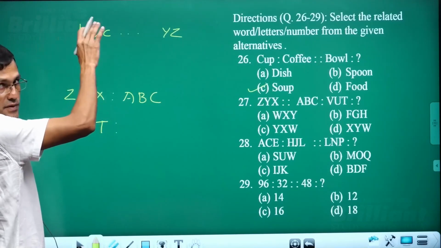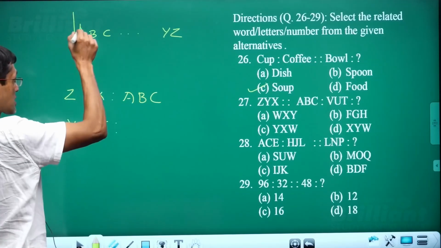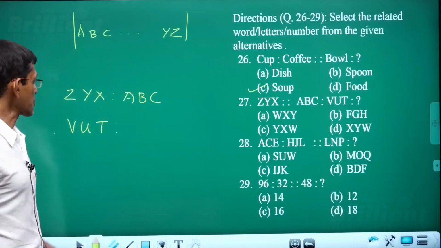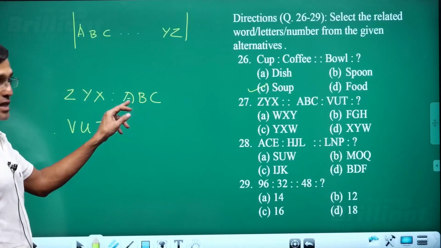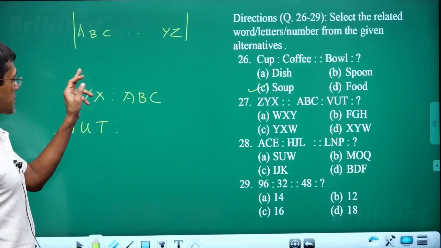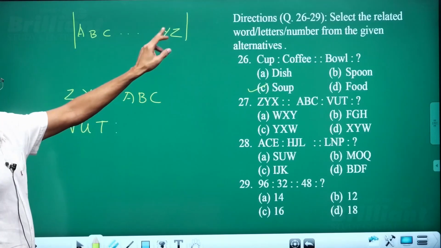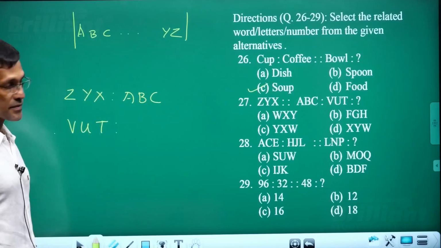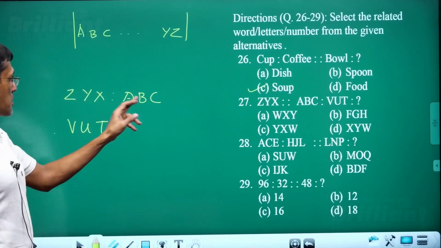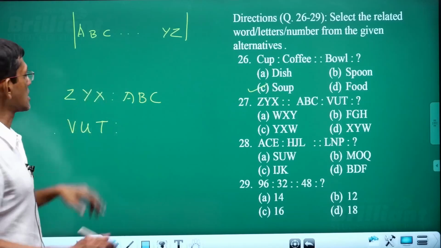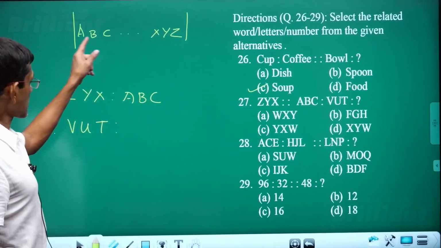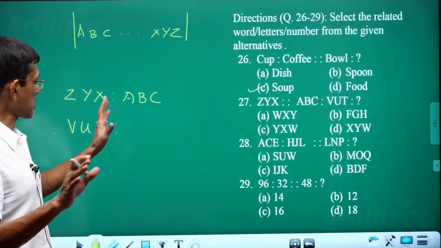So Z and A, right? And same way Y. Y is the second letter from the right end, and B is the second letter from the left end. So Y and B. Then X. X is the third letter from the right end, and Z is the third letter from the left end. So that part is perfectly all right.